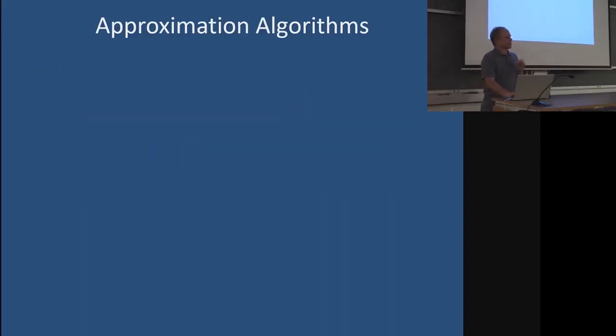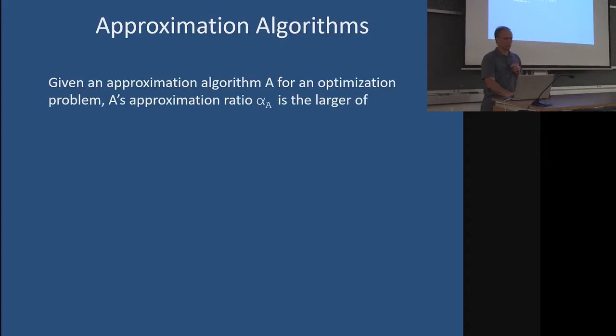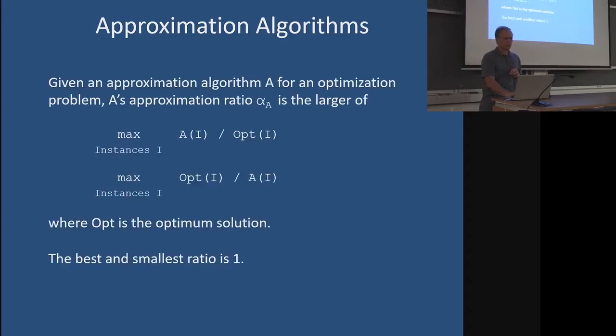Right, now, that's an example of an approximation algorithm. So you can characterize approximation algorithms by the approximation ratio, which is the ratio between the optimal solution and the approximation.